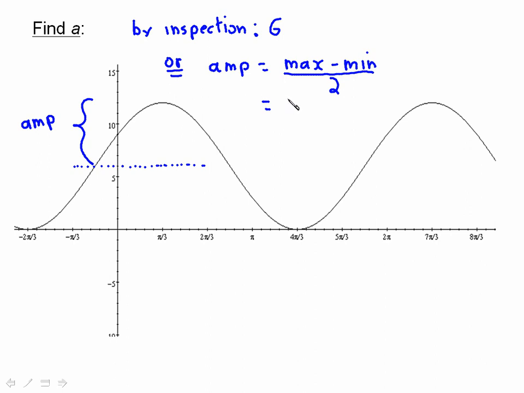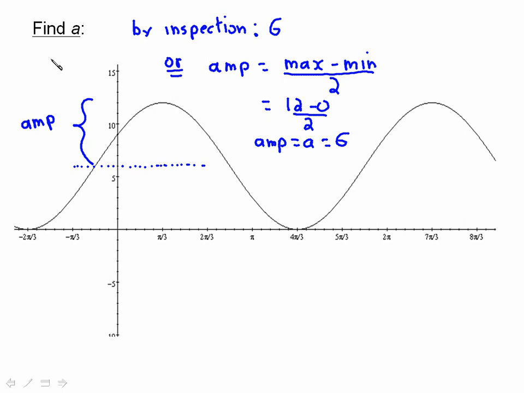So that would be the maximum value of 12 minus the minimum value of 0 again, and dividing by 2. So we do get amplitude, or a value, is equal to 6, which is equal in this case to the d value, but of course it doesn't have to be that way. So we have our d, we have our a.